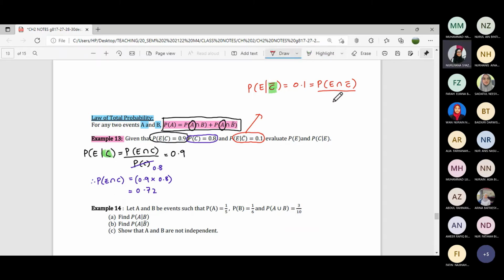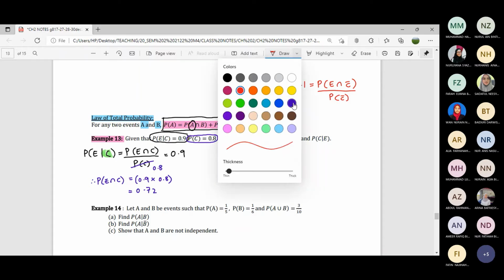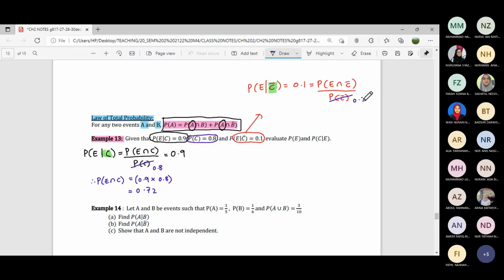So kita tulis kat bawah ni P(C bar). Macam mana nak dapatkan C bar? Tadi dia dah bagi 0.8 kat sini kan. Maksudnya yang ni automatik kita tahu dia adalah 0.2. Okay, nak dapatkan P(C bar), dia adalah 1 tolak 0.8 ataupun 1 tolak P(C).